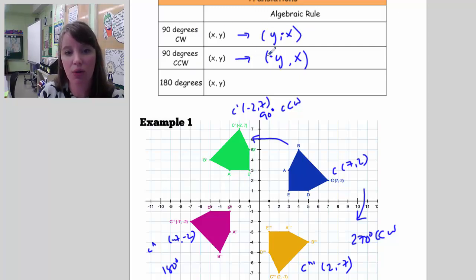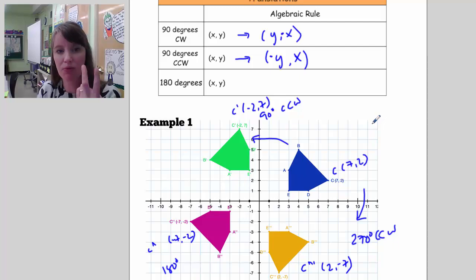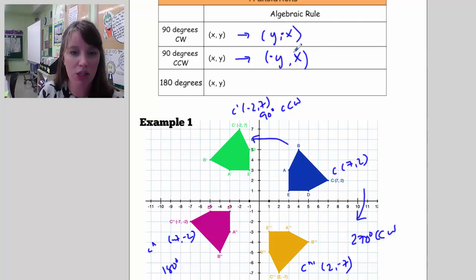And if it's counterclockwise, it's (-y, x). Now, for the most part, you don't have to remember these rules for 8th grade as much as the rules for translation and reflection. Because with rotation, we can always just think about them flipping for every 90 degrees and then thinking about whatever quadrant it lands in. That might be a little easier for you. But if you would like to do it by remembering the rules, that's also okay.